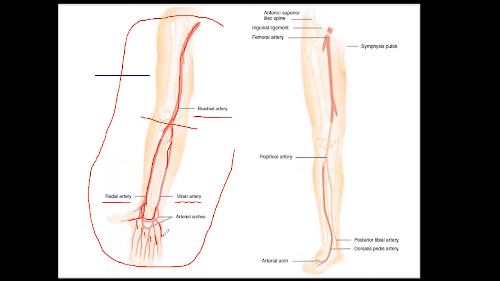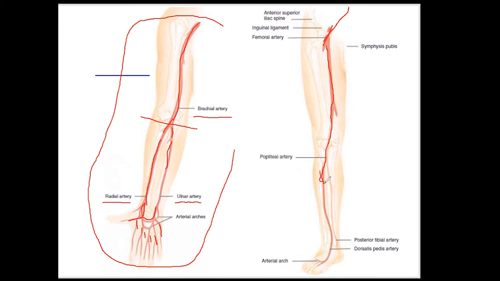Then in the leg part, we're just talking about some big arteries here. We have a femoral artery coming from the abdominal area, connected there, and then going downwards and passing the knee.